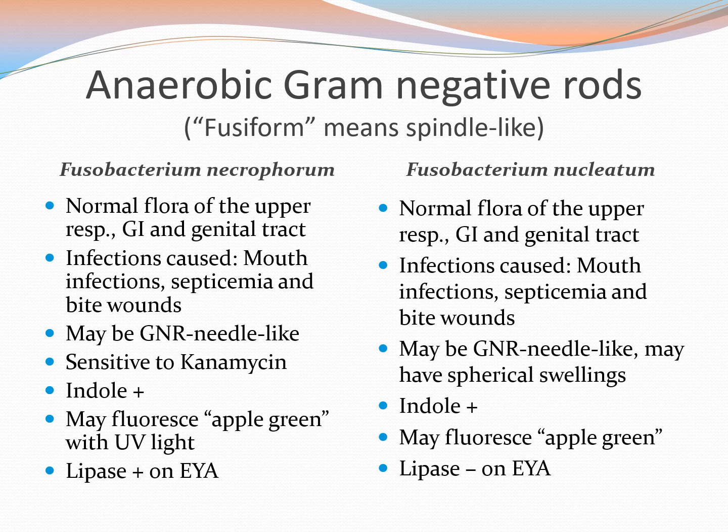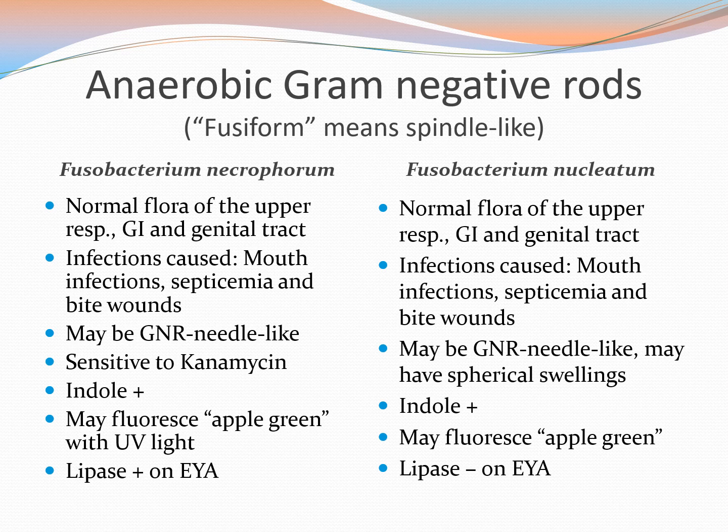Fusobacterium nucleatum, on the other hand, is normal flora of the upper respiratory tract, the GI tract, and the genital tract. Infections caused by Fusobacterium nucleatum would be mouth infections, septicemia, and bite wound infections. They may also be needle-like gram-negative rods, but they may also have a spherical swelling in the middle, a kind of bulbous area right in the middle.